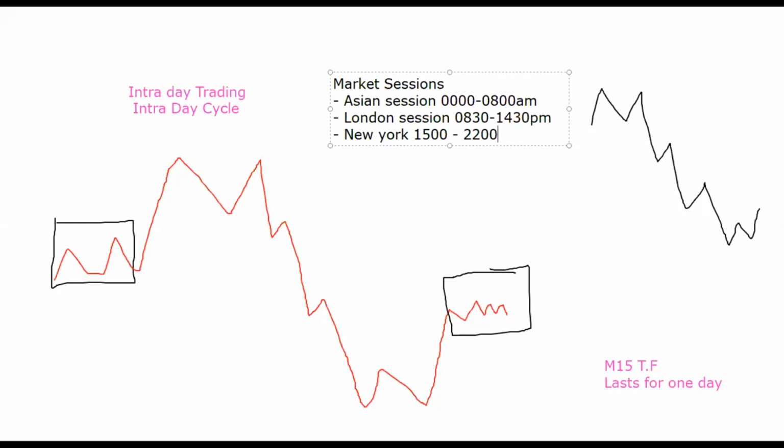So these times, they differ according to brokers, they differ according to time zones. And even if you check your books, they were written so different. There isn't even any book that writes the same times like the other books. So I've given you these because those are the times that I use.